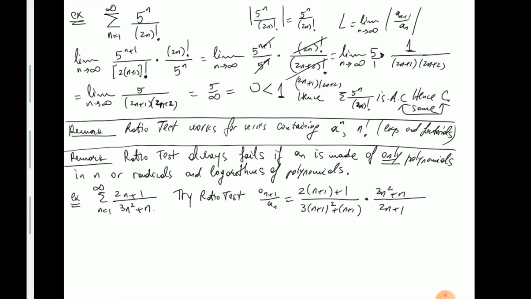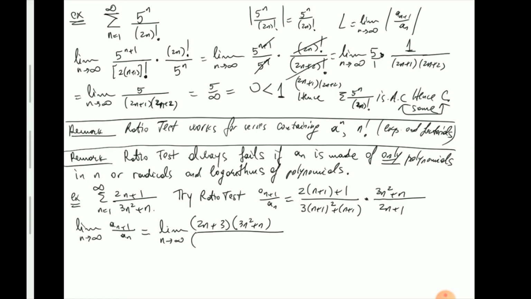So when I take the limit of this, it is again infinity over infinity. And all I have to do is to look at the dominating terms. So to speed up the process here, I'm going to just expand just a little bit. So this is (2n+3) on the top times (3n squared + n).